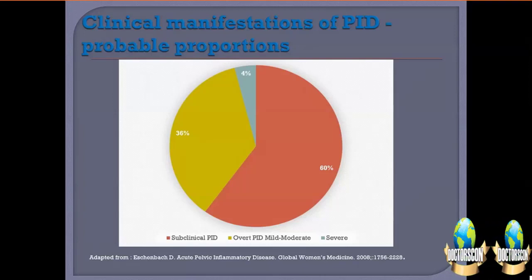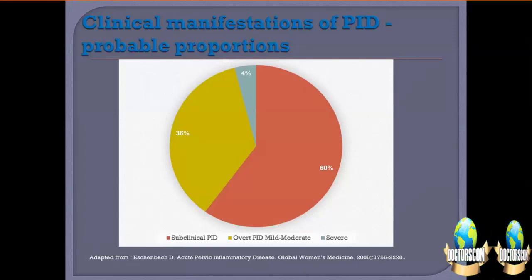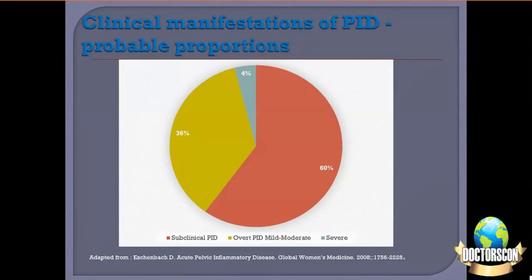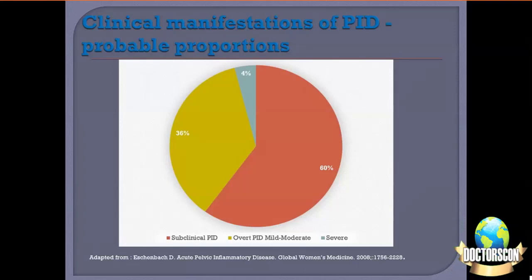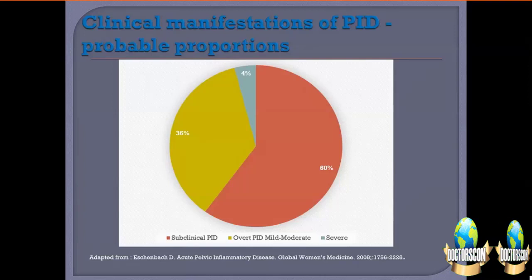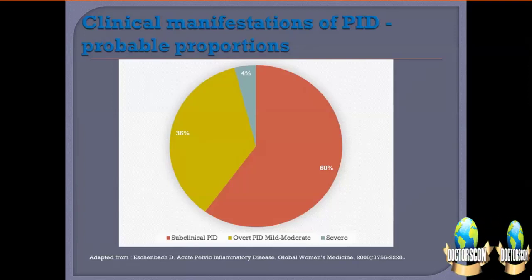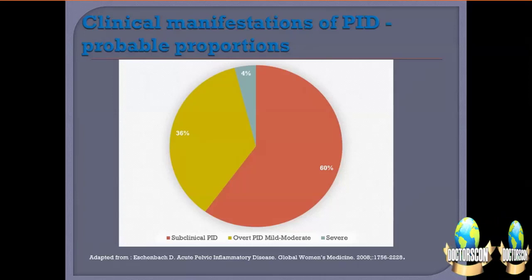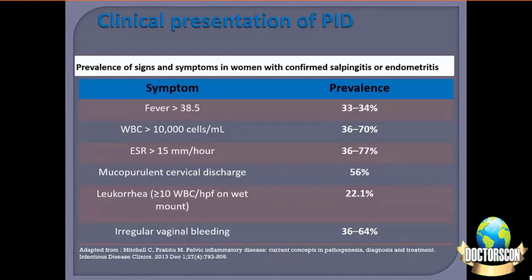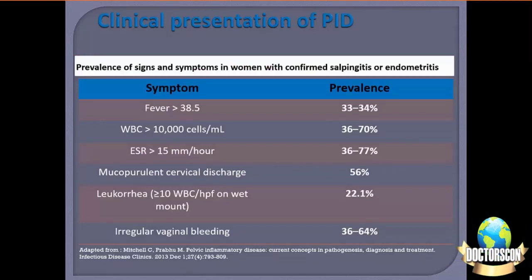There may be many other reasons to have irregular bleeding, but PID is one of the common underlying causes of irregular vaginal bleeding. This can be followed by unpleasant vaginal discharge, which would usually be a mucopurulent cervical discharge. We said that bleeding and discharge are the leading symptoms.